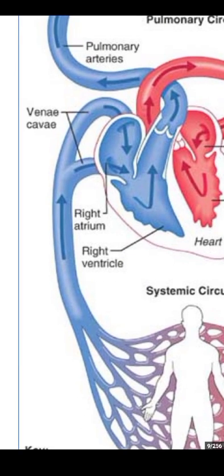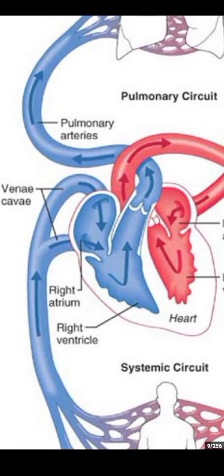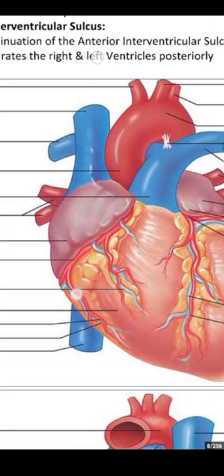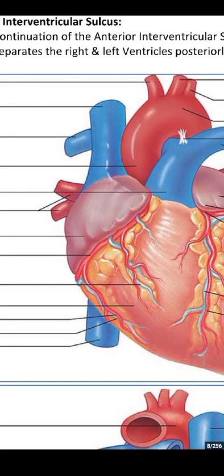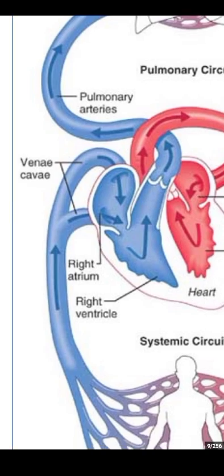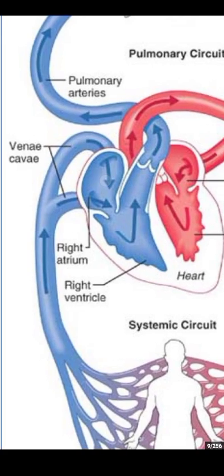As you can see from the arrow, this deoxygenated, carbon dioxide-high blood is going into the superior vena cava and the inferior vena cava. This is the superior vena cava, and this is the inferior vena cava. Through both pathways, the deoxygenated blood enters the right atrium.